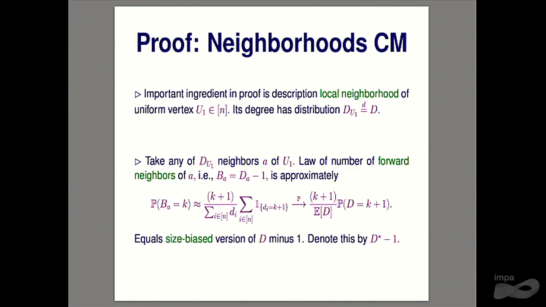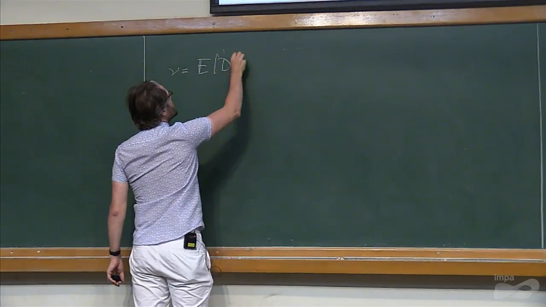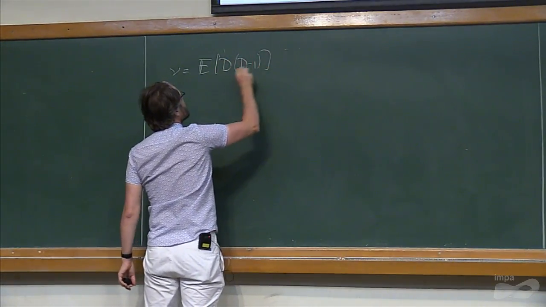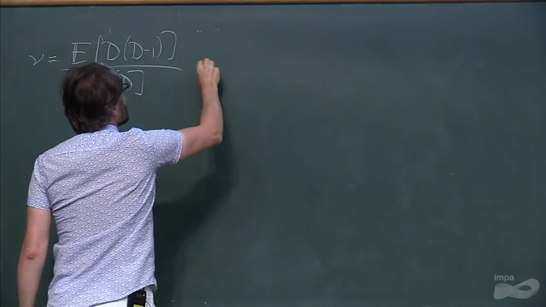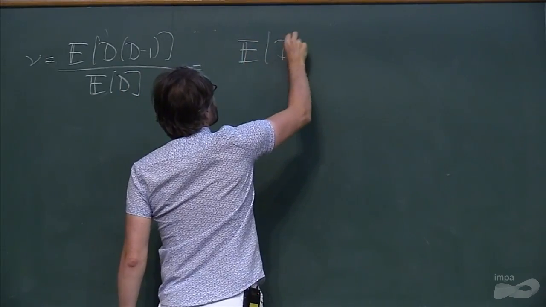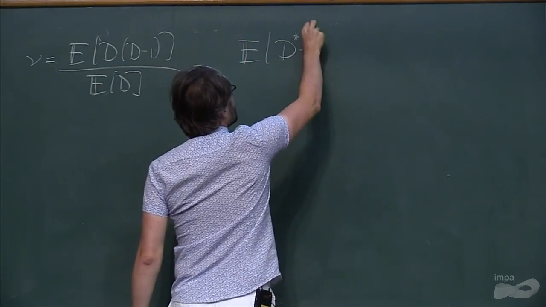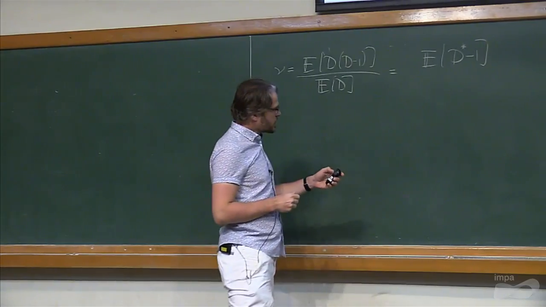Okay, so we have that nu is the expected value of D times D minus 1 divided by the expected value of D. And that I can think of as being the expected value of the size bias distribution minus 1 by itself. Because the probability distribution of the size bias distribution minus 1 is precisely this.